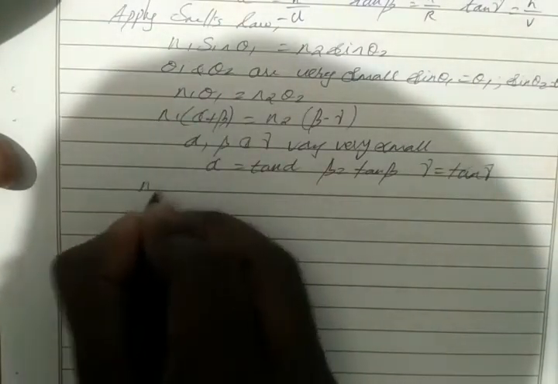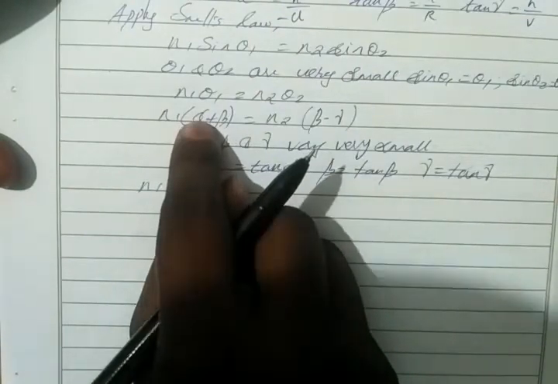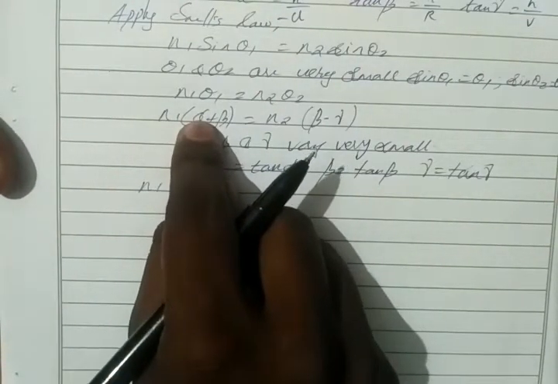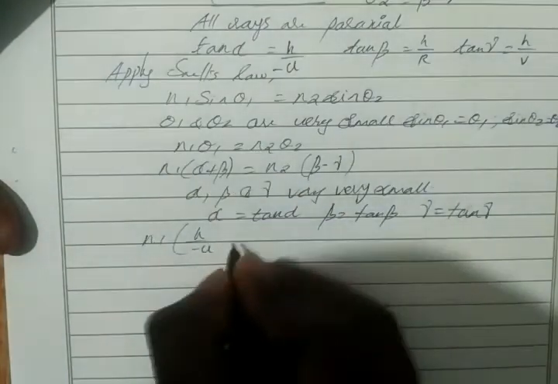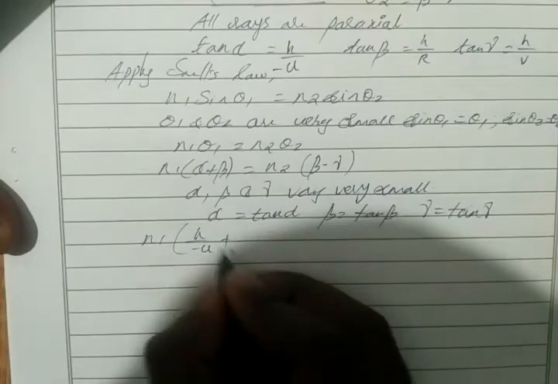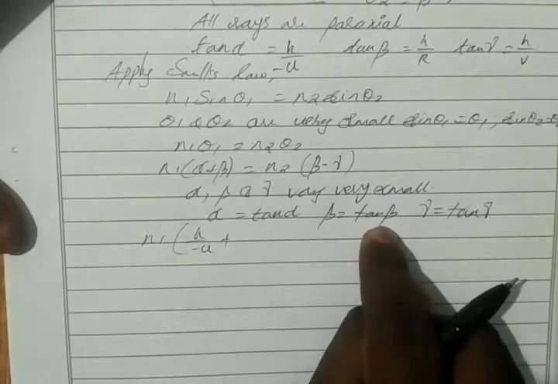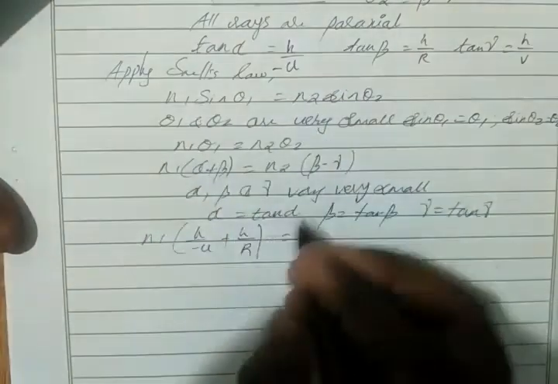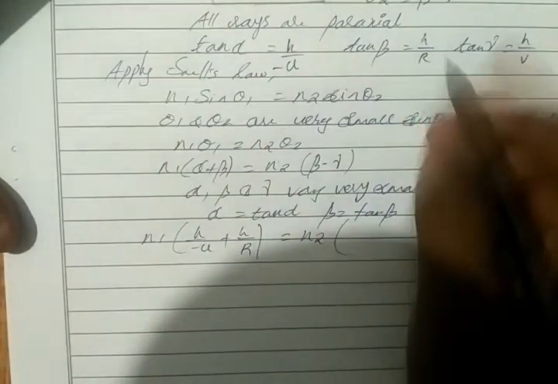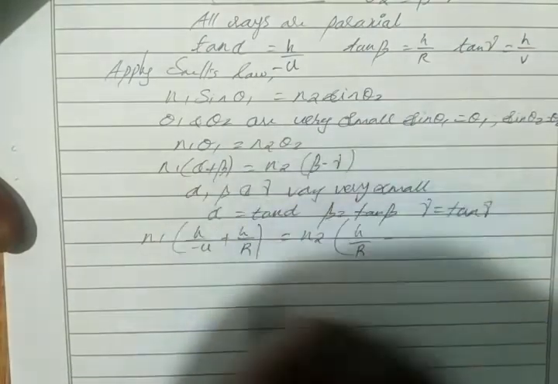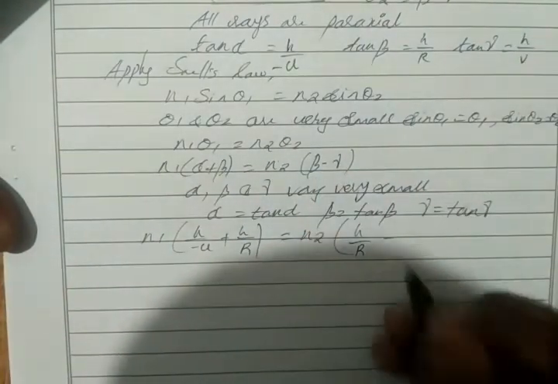So substitute tan alpha here with n1. What is the value of tan alpha? We already solved it with the triangles. So tan alpha is h by minus u, plus tan beta, which we already found is h by R, equal to n2 times beta minus gamma, so tan beta h by R minus gamma, which is h by v.